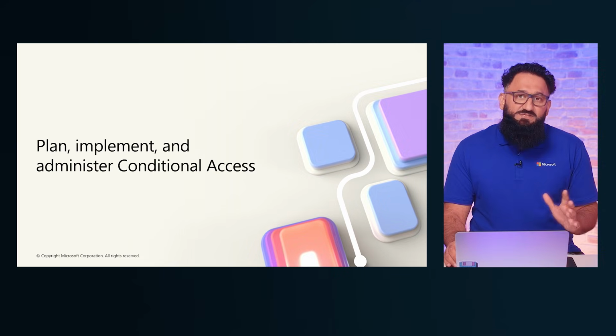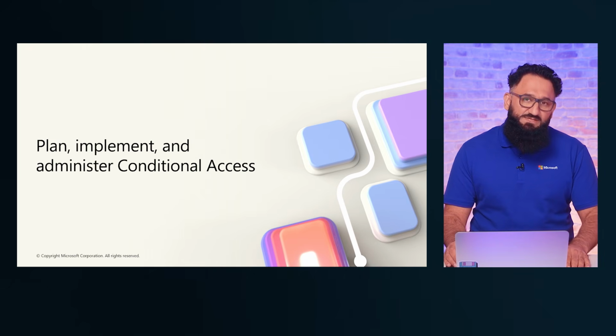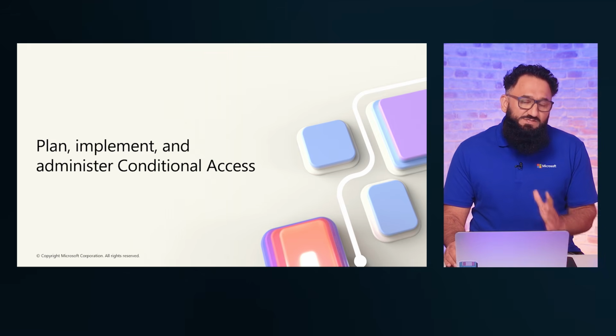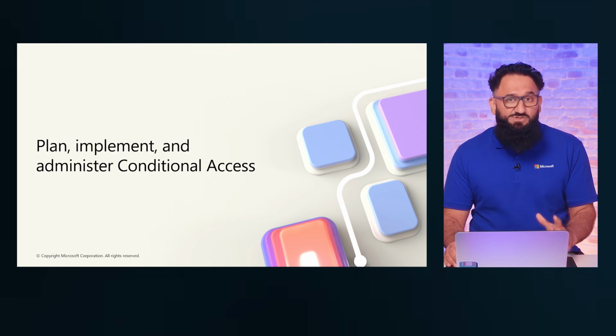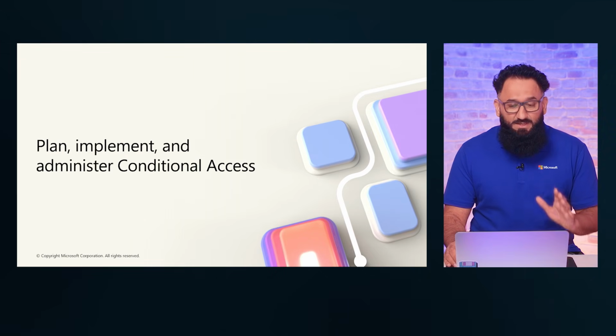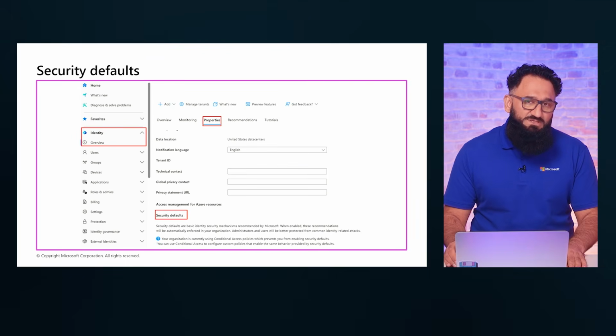Let's get started. Now, before we start setting up conditional access, let's talk about some security details that we already have configured in our Entra. If you're starting fresh with Entra and looking into configuring security, by default, Entra already comes with what we refer to as security defaults.